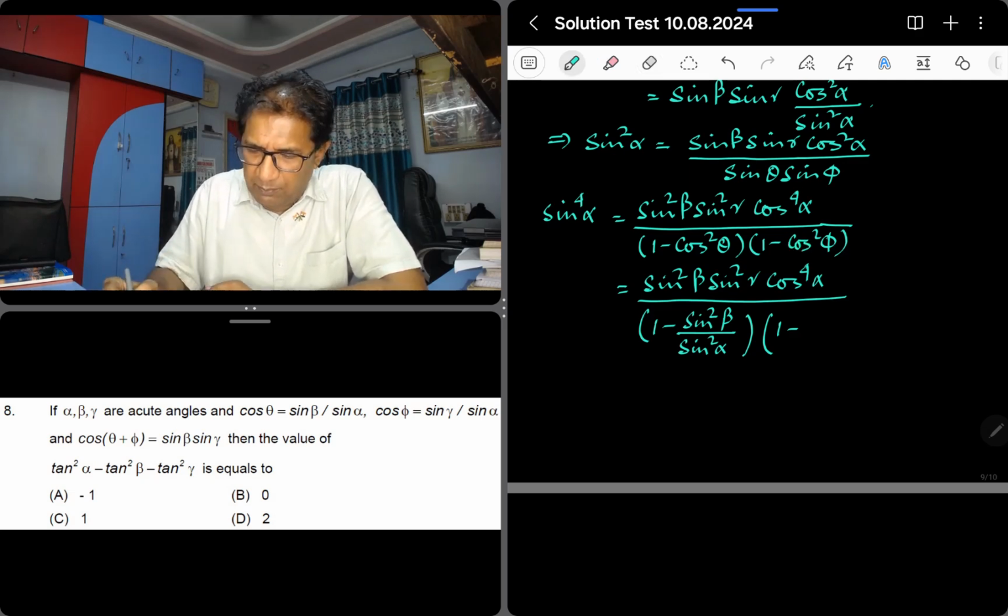So cos phi will be replaced by sine gamma by sine alpha. So it will be sine square gamma by sine square alpha.